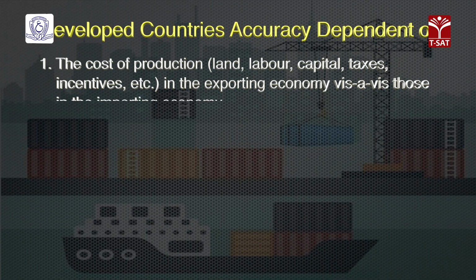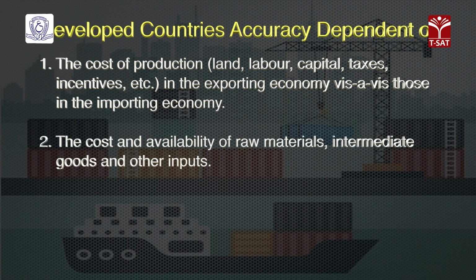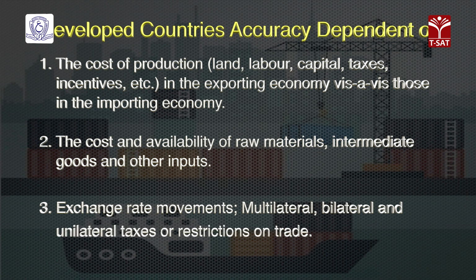The first is the cost of production, that includes land, labor, capital, taxes, incentives, etc. in the exporting economy vis-a-vis those in the importing economy. Another is the cost and availability of raw material, intermediate goods and other inputs. Besides that, exchange rate movements, and multilateral, bilateral and unilateral taxes or restrictions on trade.